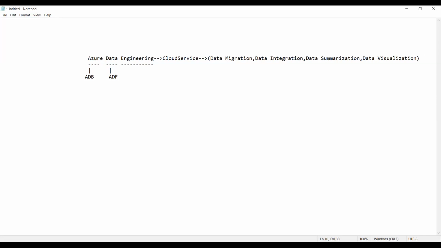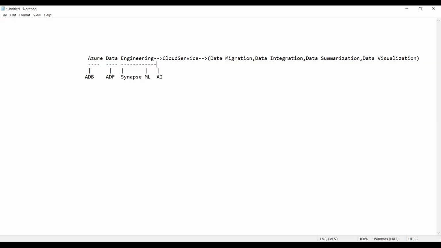Apart from Azure Databricks, you have one more service called ADF, which we call Azure Data Factory. The next service is Azure Synapse. Then we have Azure Machine Learning, and then Azure Artificial Intelligence.